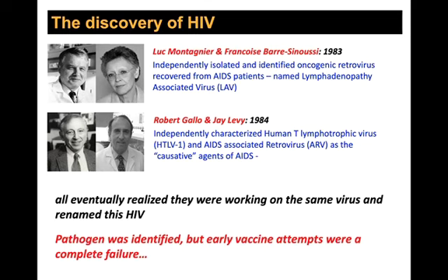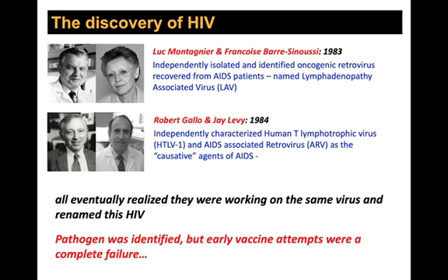It was not really backed by proof that it caused it, but it was always associated with these patients that had abnormal immunity. Eventually, they realized they were working on the same virus. When they published their results, they published sequences and realized, oh, it's the same virus. And so they renamed this human immunodeficiency virus, or HIV.